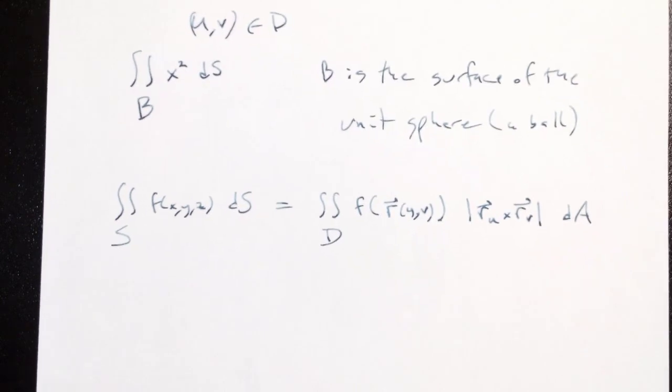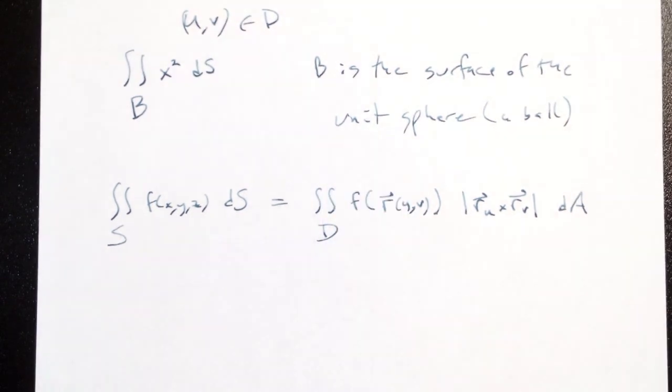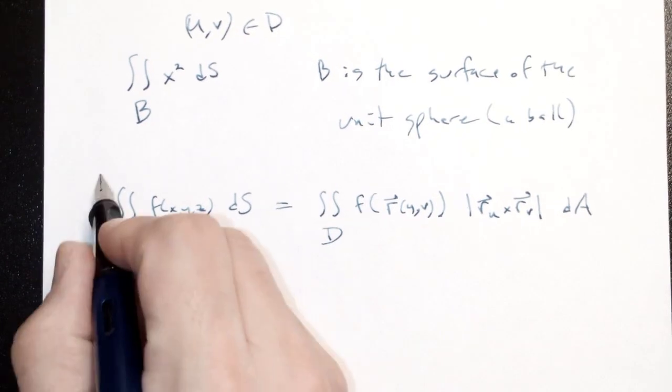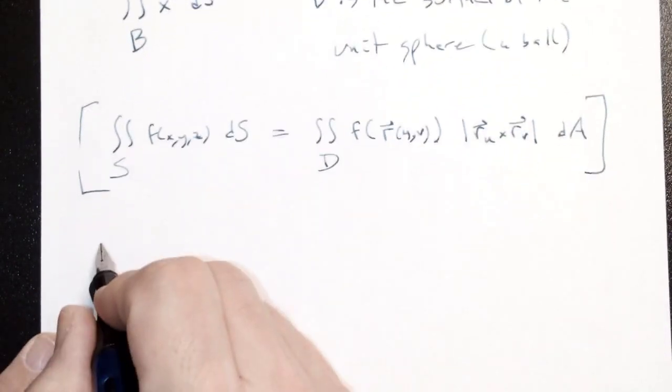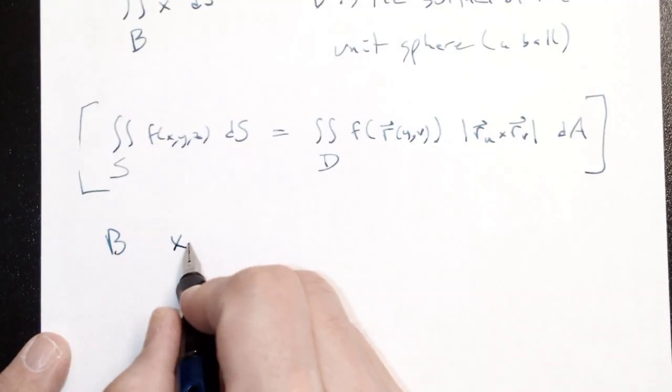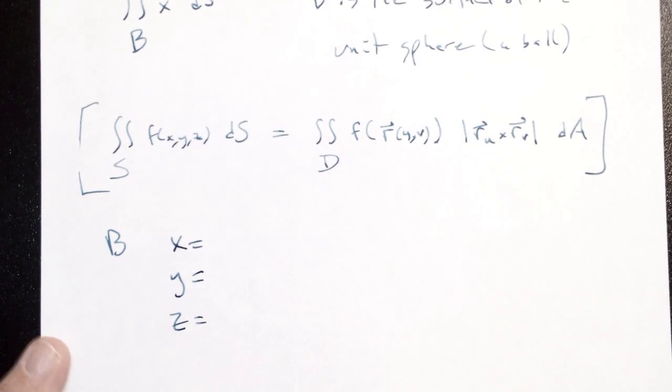Okay. On Wednesday, we figured out the parametrization for a sphere. What are the parametric coordinates for a sphere of radius 1? I'm going to cheat. I'm going to use spherical coordinates.